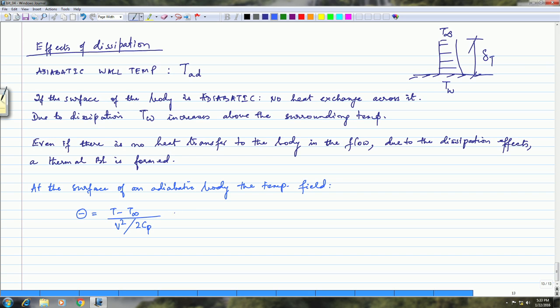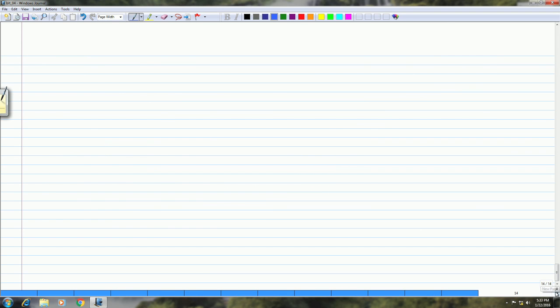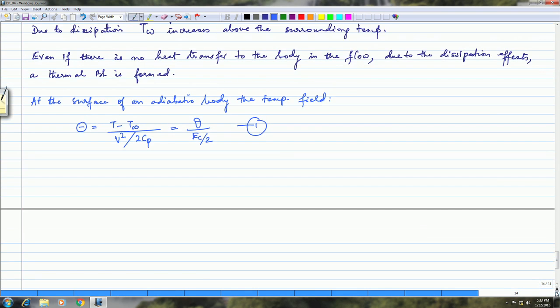I'm going to define it like that. So this is essentially a capital theta. It's a capital theta. So this is how we define this.